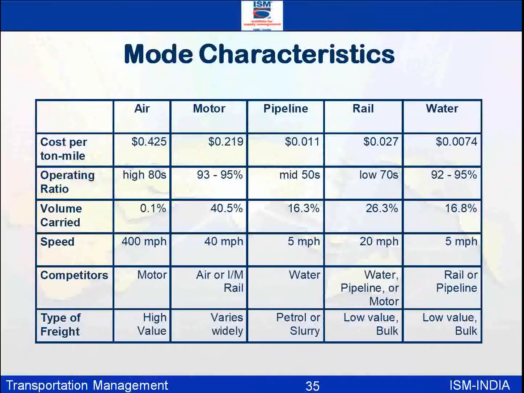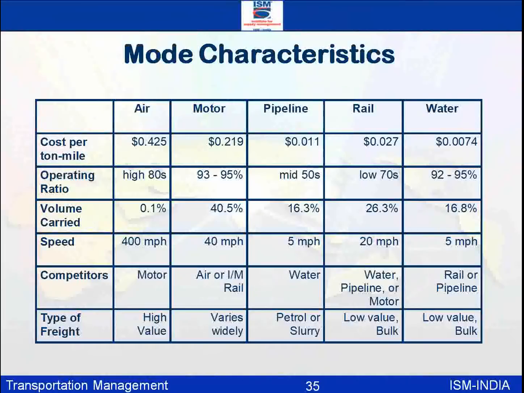If I have 1 ton of goods to move by a mile, air will cost this much, motor, which is basically the truck, will cost this much. Sorry, water is the cheapest mode of transportation, by sea is the cheapest one. Then comes the pipeline, then rail, then motor vehicles, and last is air.